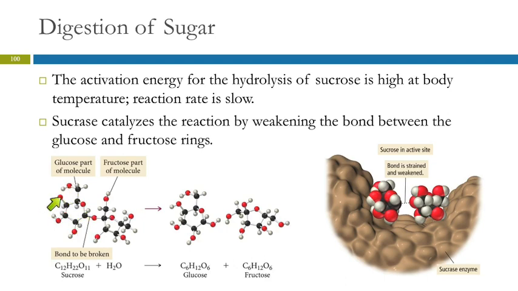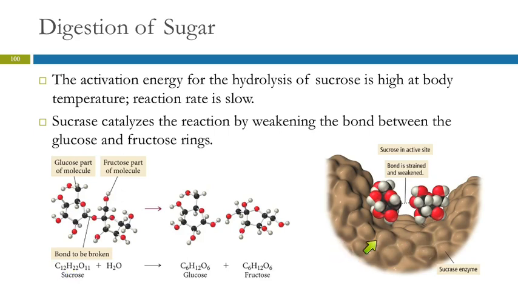So there's a glucose part and a fructose part, and they're bonded here on this carbon-oxygen bond. So we need to break that one bond so we can get glucose and fructose, and then those are going to go and do other reactions. So the overall reaction here is we've got sucrose plus water forming glucose and fructose. This is called hydrolysis because we're adding water to the molecules.